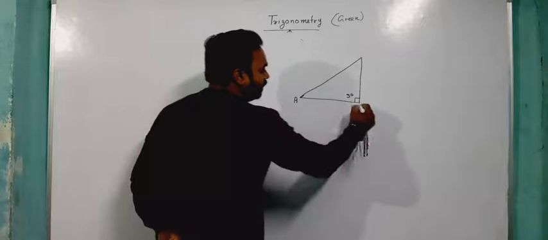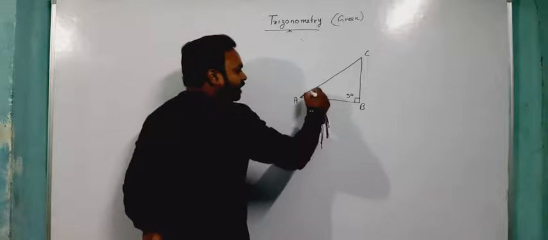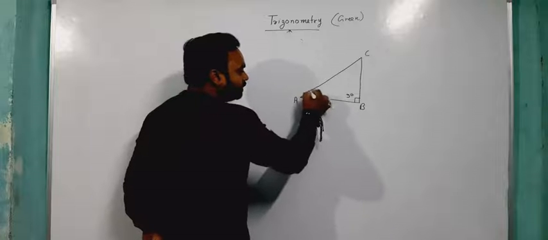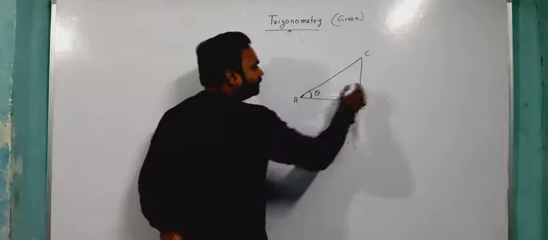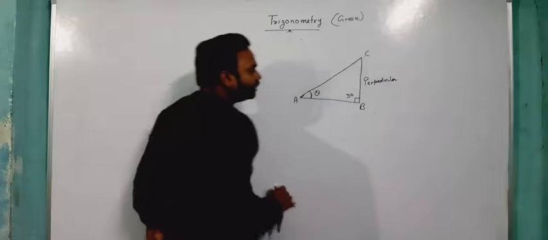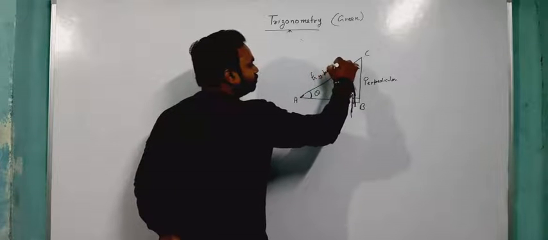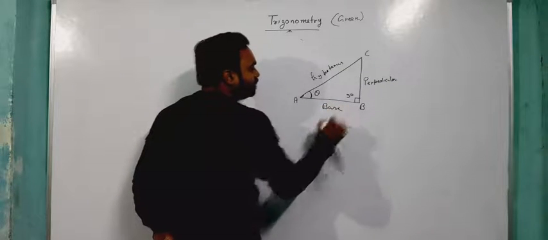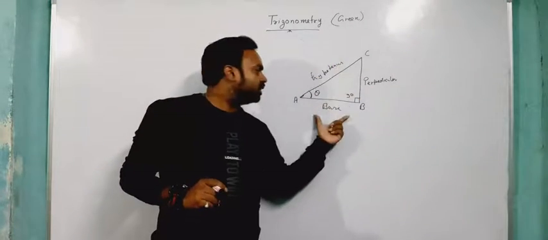Let's denote it A, B and C. If the angle A is theta, then opposite to the angle theta will be the perpendicular. Opposite to 90 degrees will be the hypotenuse, and the remaining side will be the base. Perpendicular, hypotenuse and base.